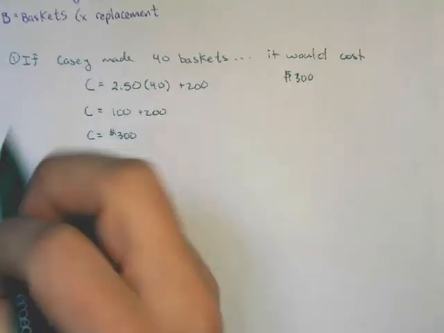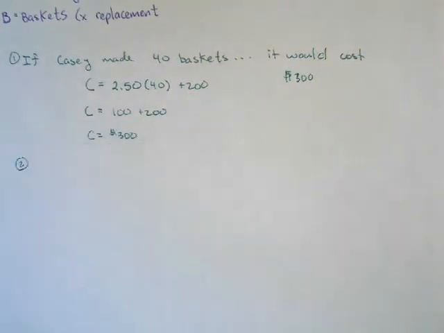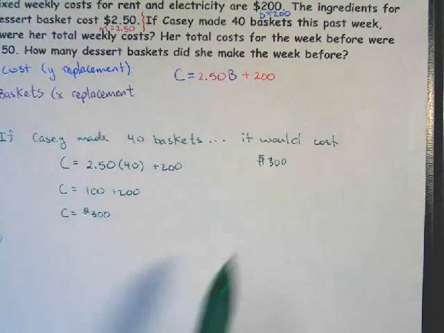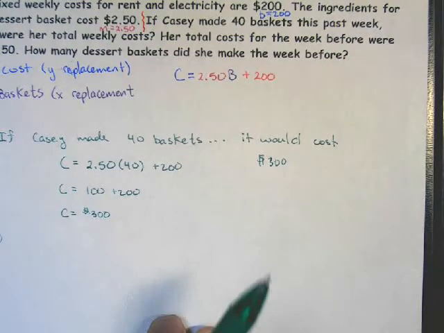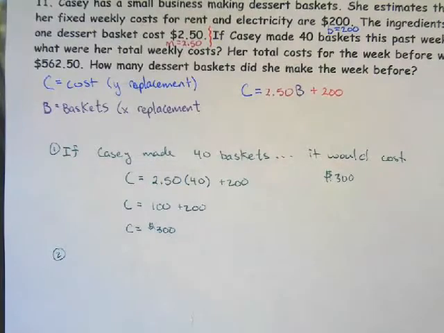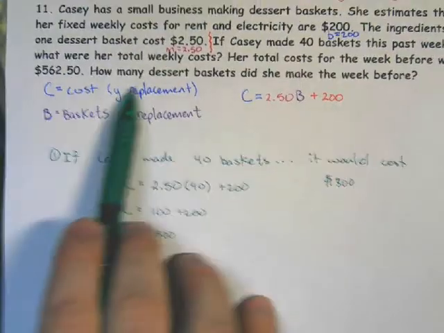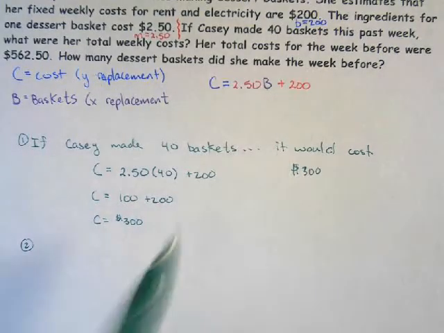Okay, let's look at the second question. Her total costs for the week before were $562.50. How many dessert baskets did she make the week before?